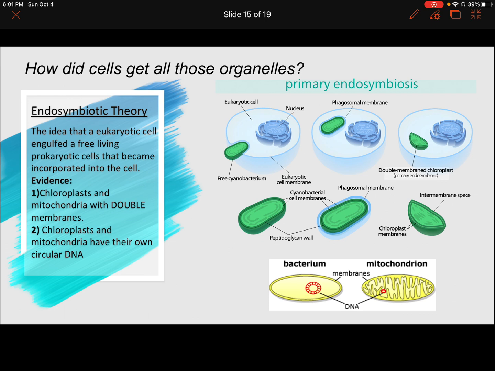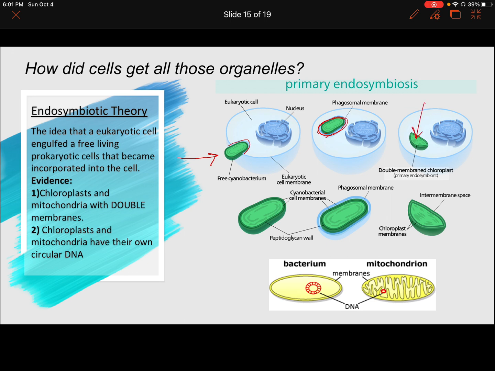Okay. And basically, this is the theory for how it created that: one bacteria went in. And what happens when a cell completes endosymbiosis is that it basically wraps whatever it's engulfing in a membrane. Okay. And so you can see how this bacteria would have already had its own membrane. And when it got incorporated into the cell, it created another membrane for it.